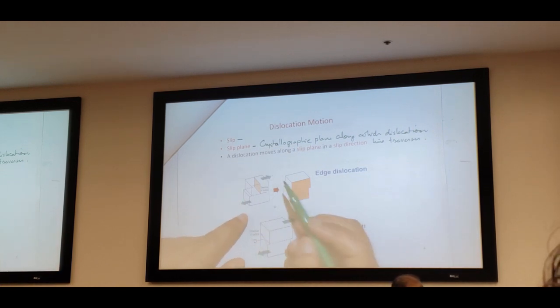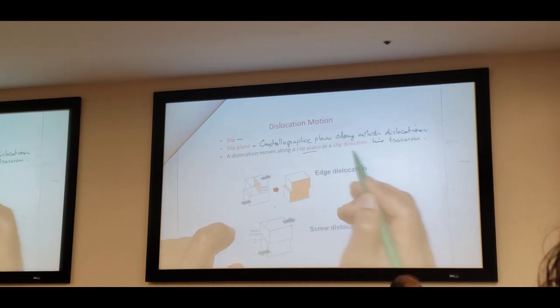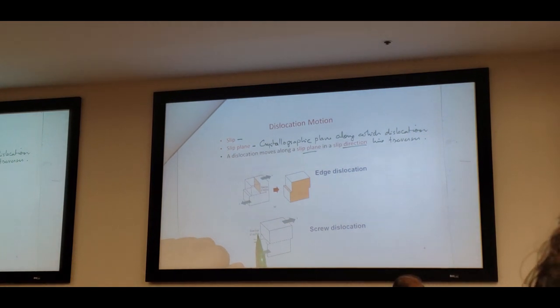So a dislocation moves along a slip plane in a slip direction. Okay, so you know that for an edge dislocation, what is the movement of this one? This is along this direction, right? So that is the crystallographic plane, the movement of that plane.